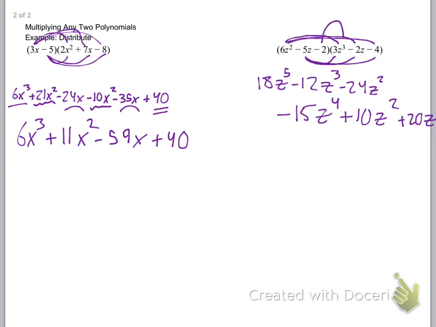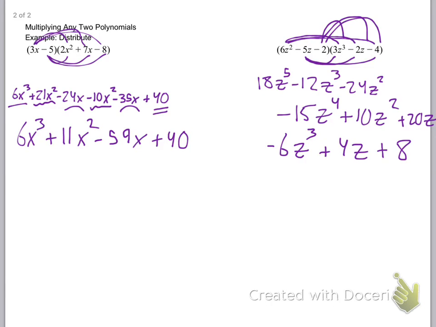So negative 2 times 3z cubed, negative 6z cubed. Negative 2 times negative 2z is 4z. And negative 2 times negative 4? 8.